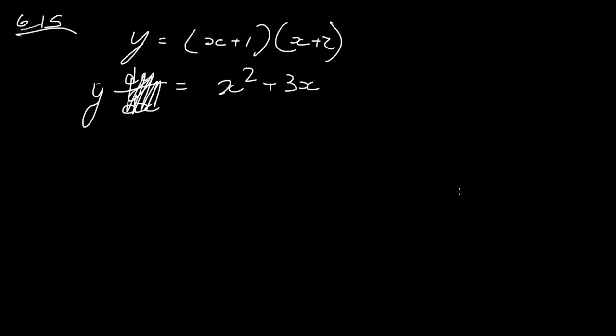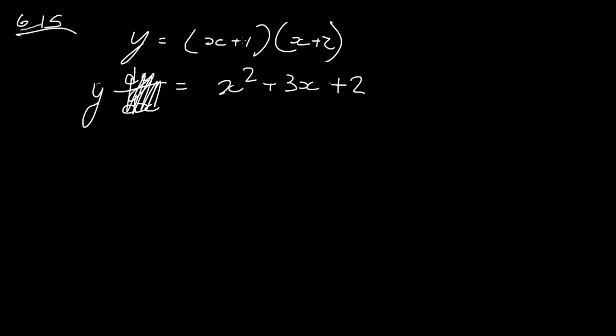There we go. Okay, so on page 615, I thought it was the product and quotient rule, but it's not. Basically what they're asking you is to find the derivative of this function, and the method that they teach you is that you don't have to use the product rule here.